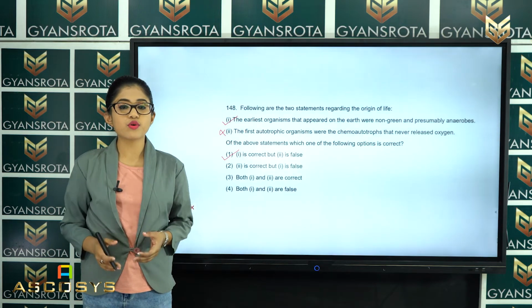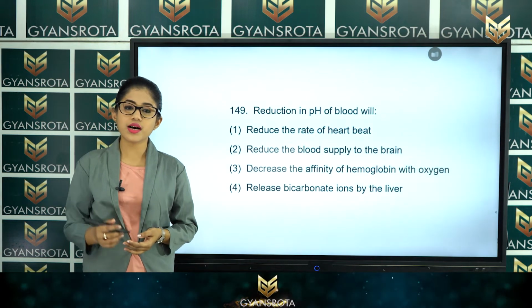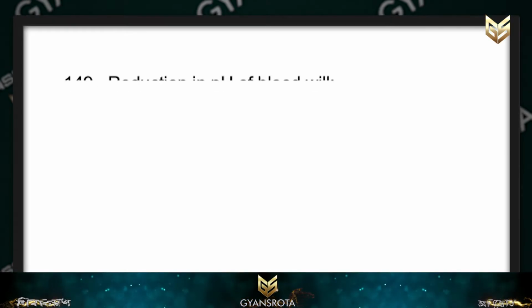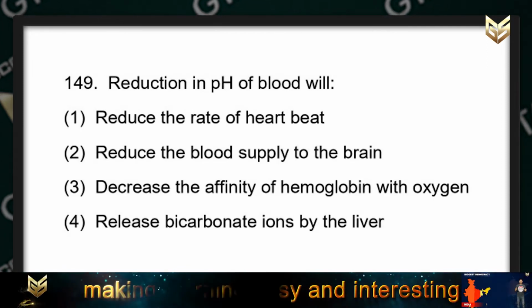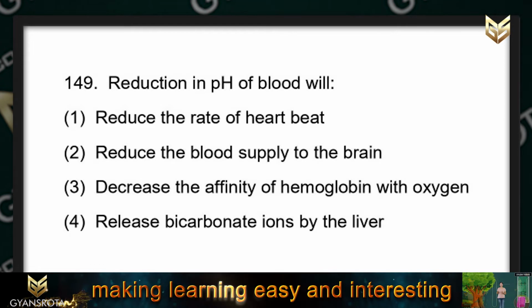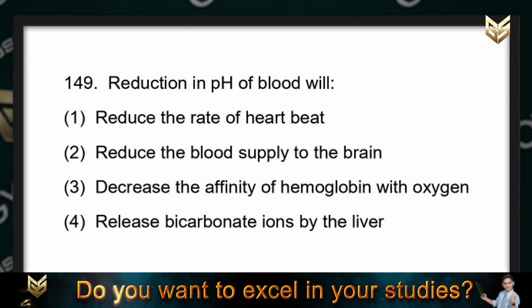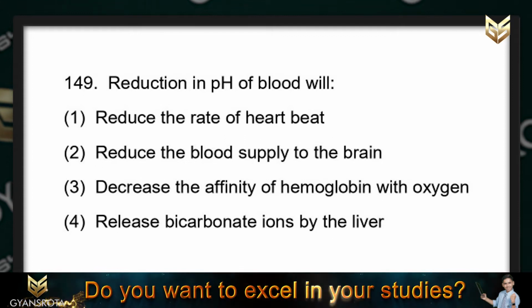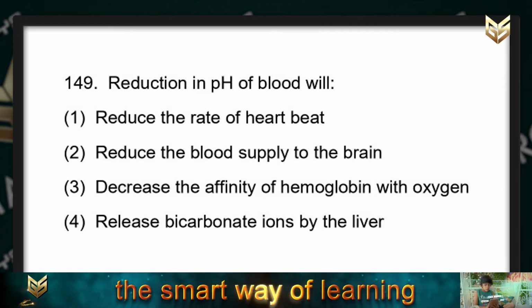Okay. Now let's move on to the next question. The next question is question number 149. Reduction in pH of blood will reduce the rate of heartbeat, or reduce the supply of blood to the brain, and the third is decrease the affinity of the hemoglobin with oxygen, and fourth is release bicarbonate ions by the liver.